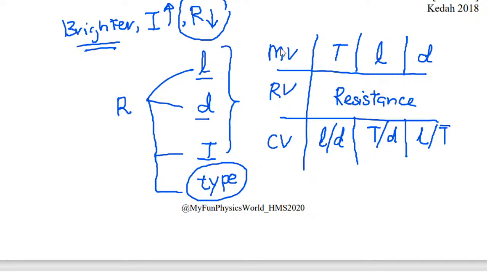We normally write manipulated variable: temperature, T; responding variable: resistance, R. It's good to have the symbols. Then the constant variables will be length and diameter. Clear? If you are clear with this, then we look at the answer.